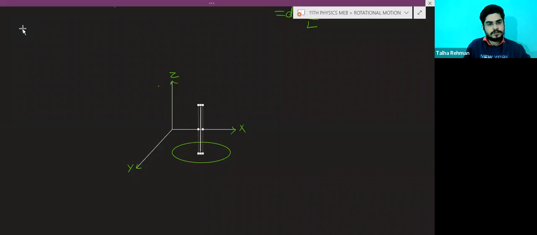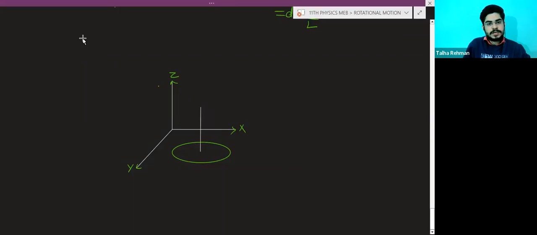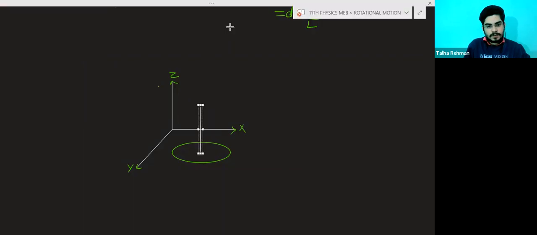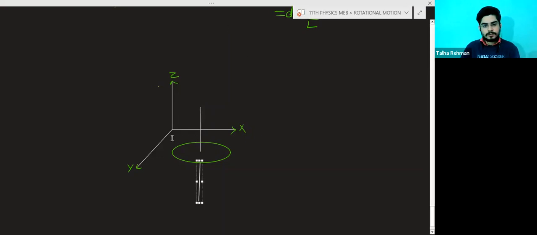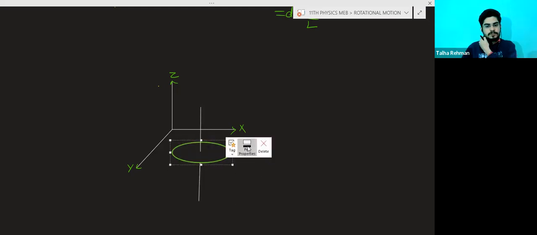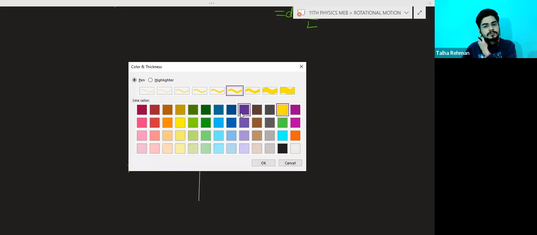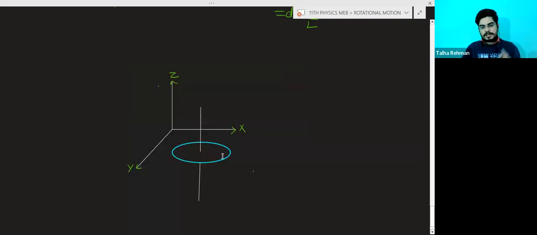Okay, now it's fine. Center of the mass of the ring, and it will be like this. So this is the ring, and this ring is also one dimensional.